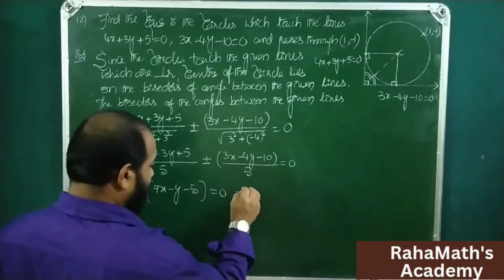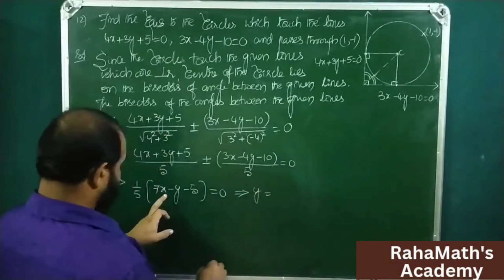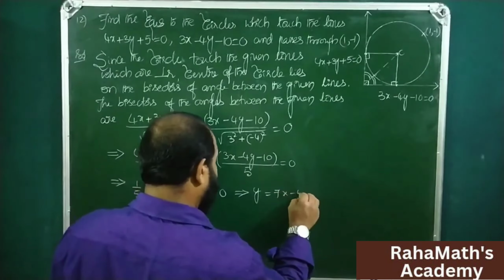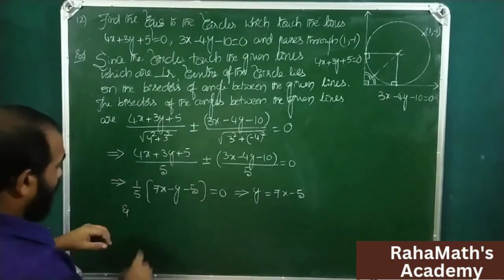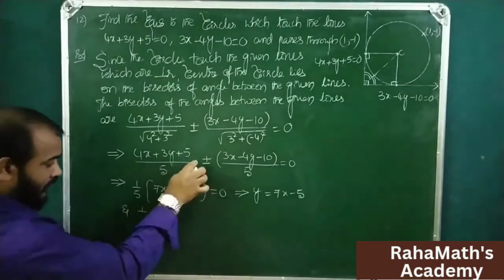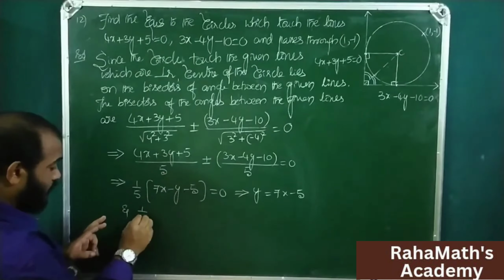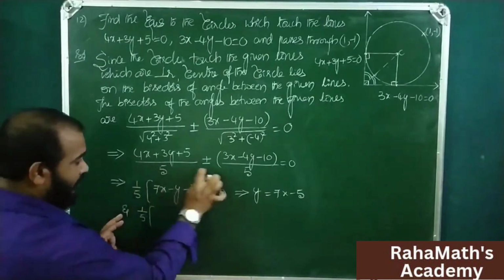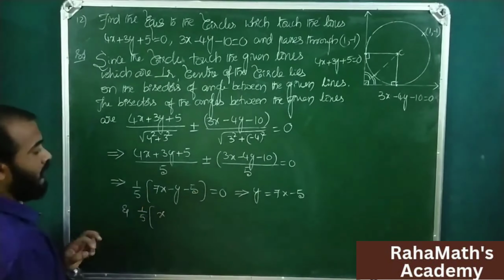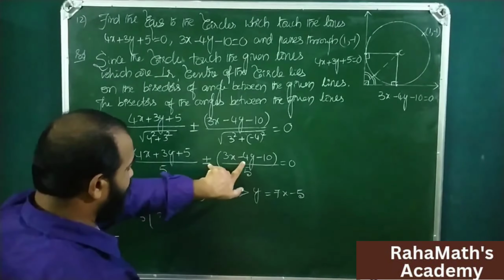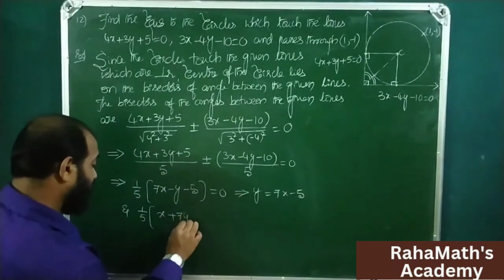From this, y is equal to 7x minus 5 and 1 by 5. First we considered plus and now minus. So 1 by 5, if you take 5 as an LCM, 4x minus 3x gives x, and 3y minus of minus plus 4y, 3y plus 4y is 7y.